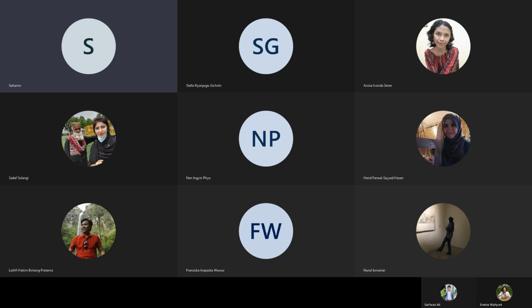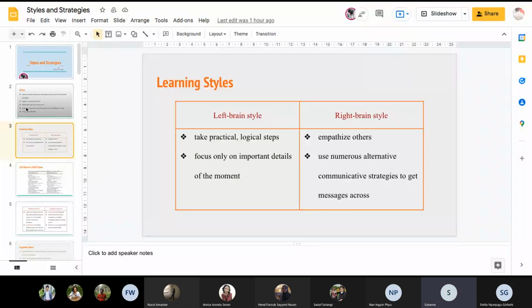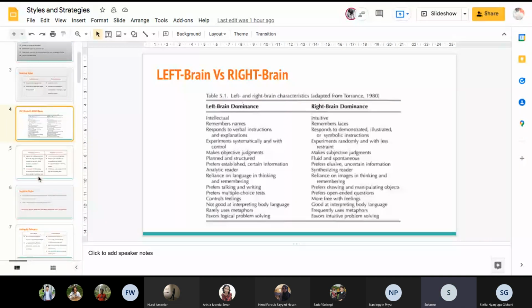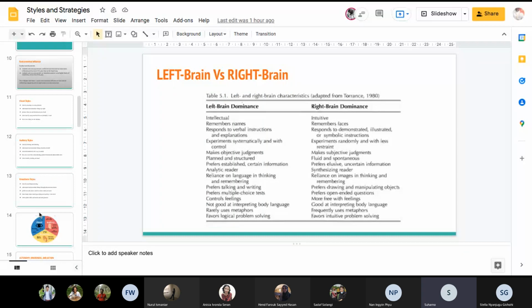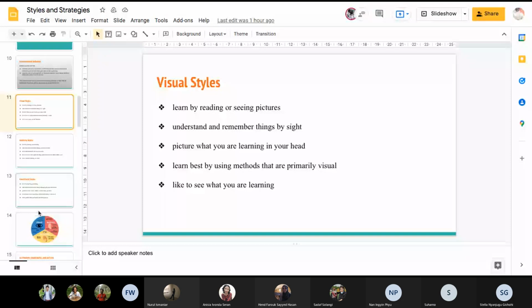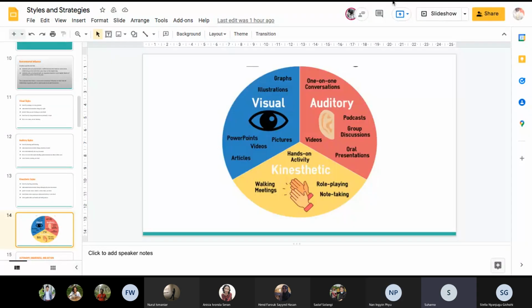So for instance, you have games or teaching techniques like TPR, total physical response. That is an example of kinesthetic, because you move your body, you have body language and so on. Okay, please.